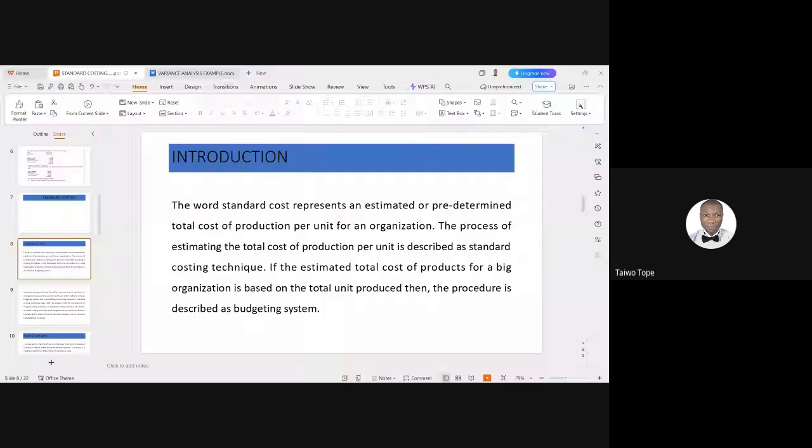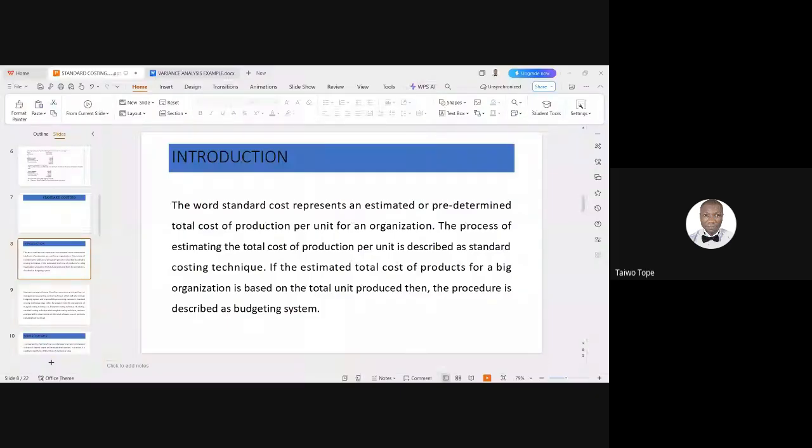Variance is not a taboo. Variance is not something that you run away from. The essence of variance is for you to control. You ask yourself as a production manager, why am I experiencing this variance? And once you identify the variance, you look for measures to guard against such variance in subsequent production activity.